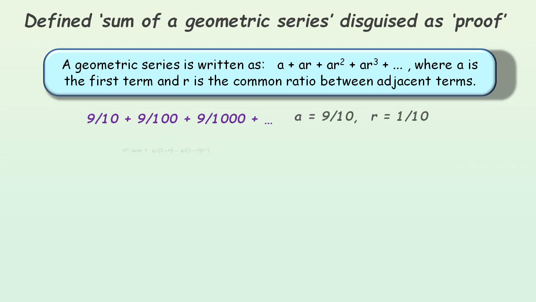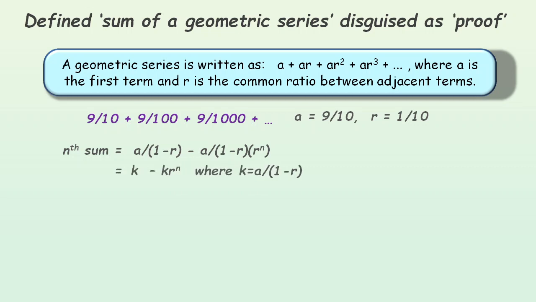We can form an expression for the sum to the nth term that simplifies to k minus k times r to the power n, where k is a divided by 1 minus r. We could describe k as the constant part of the expression, and minus k times r to the power n as being the variable part of the expression, because this will vary as the value of n varies.